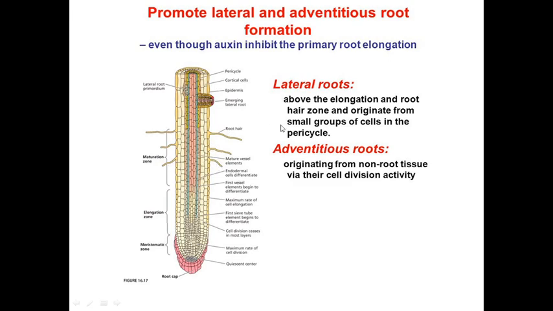And if we take a stem cutting, for example from the rose plant, and plant it in the soil, you can see after some days it develops new roots, and those roots are also developed by auxin. You can say auxin induces root formation in stem cuttings. It induces adventitious root formation and lateral root formation, but not primary root formation.